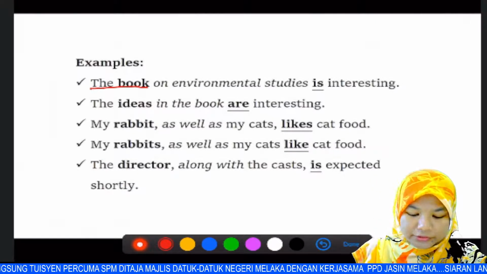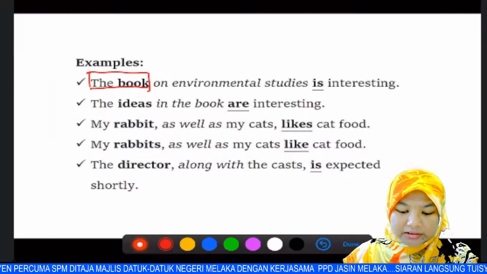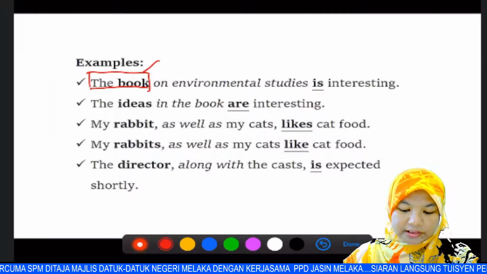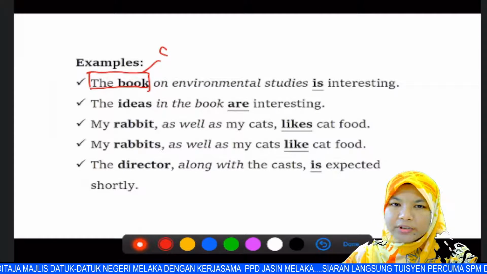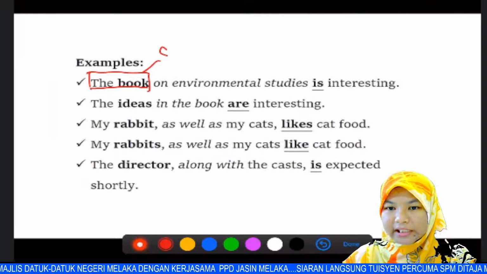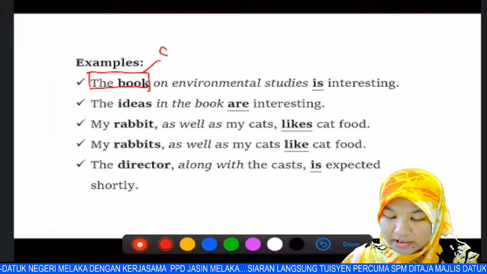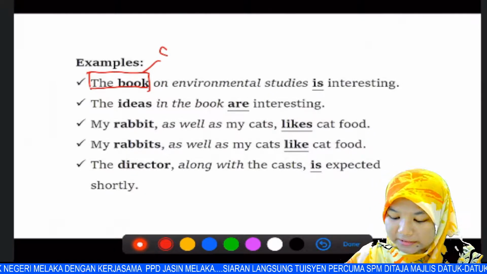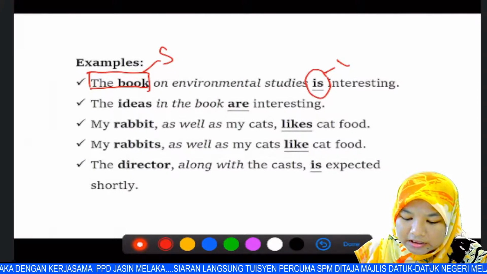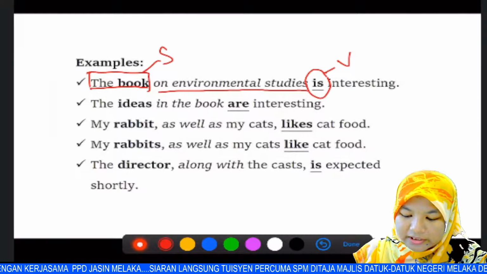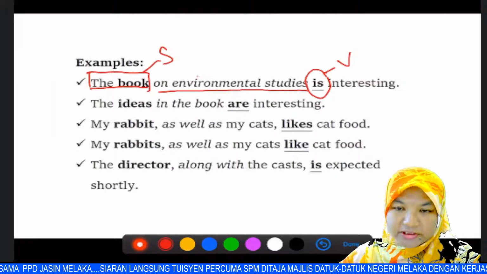You know that the book is singular, so this will be a singular subject. Basically, I think you have remembered that a singular subject takes a singular verb. So the singular verb in the sentence will be is. This is what I call the interrupting structure.